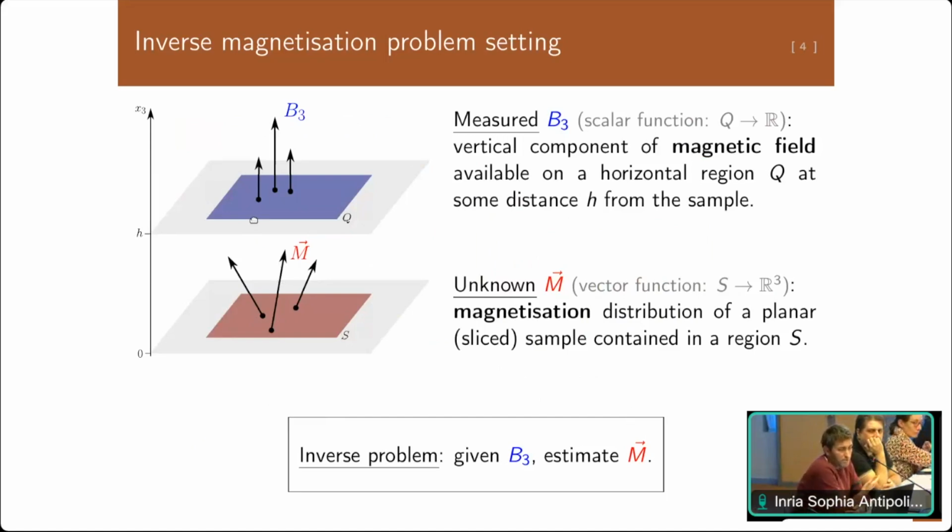And now, given the values of the measurement of this magnetic field, the goal is to learn something about the magnetization that produced it. To which extent can it be recovered, and how can it be recovered?